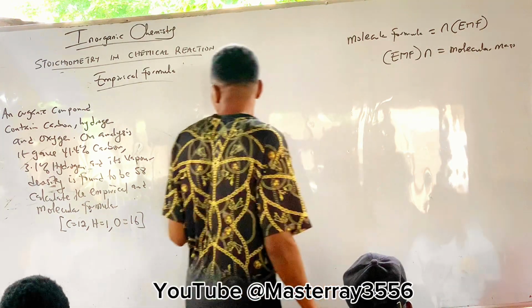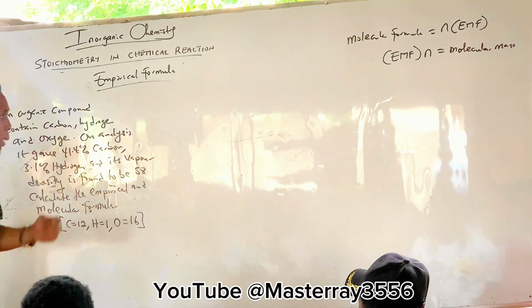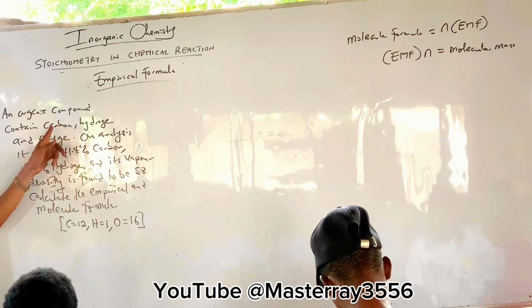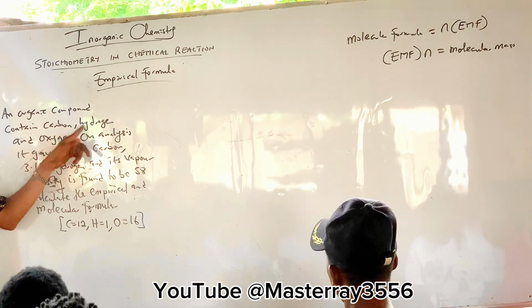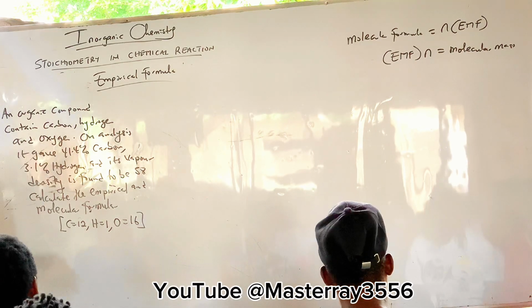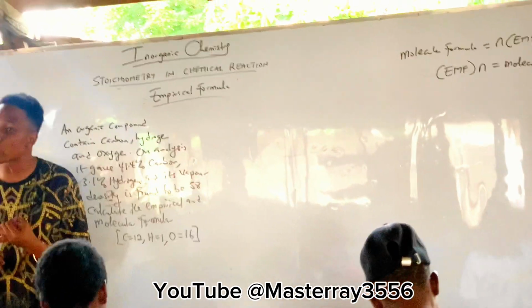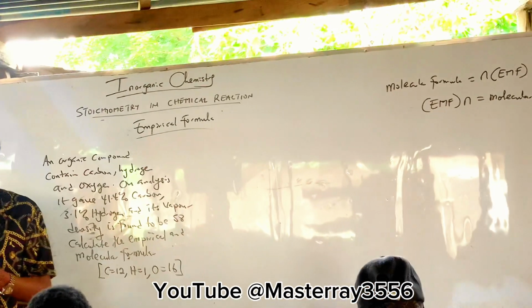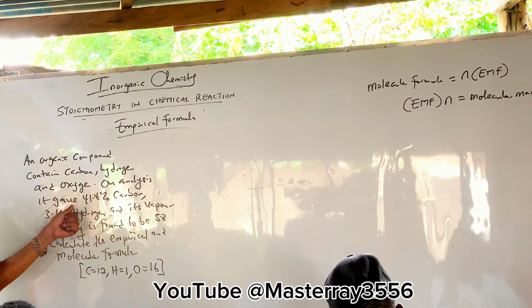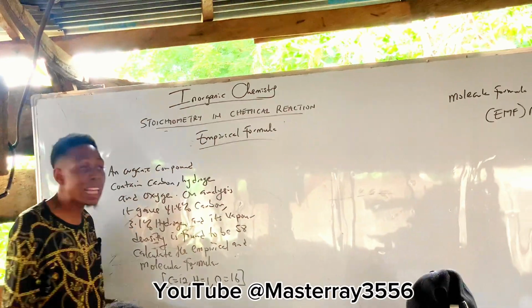All right, so let's proceed. Coming back to this question, please pay attention. We are told that an organic compound contains carbon, hydrogen, and oxygen. And we are told that on analysis it gave 41.4% carbon.